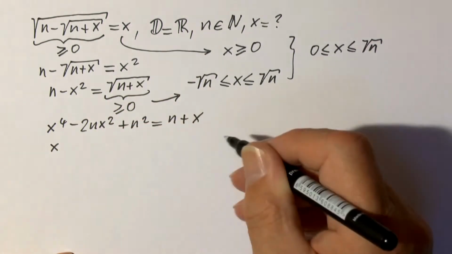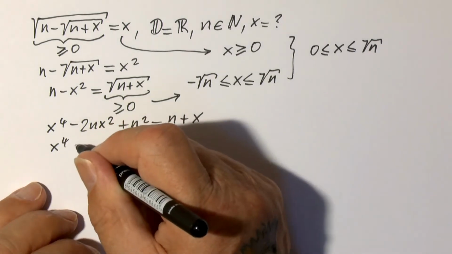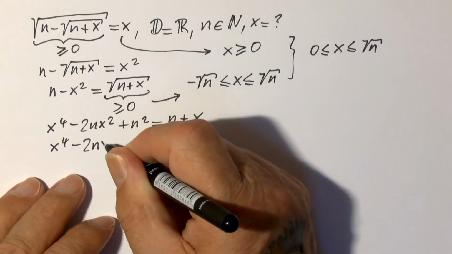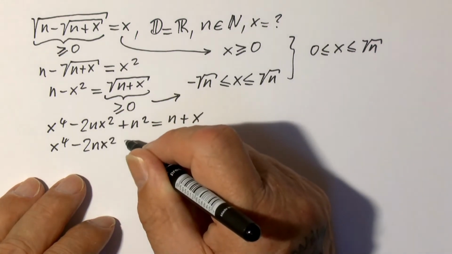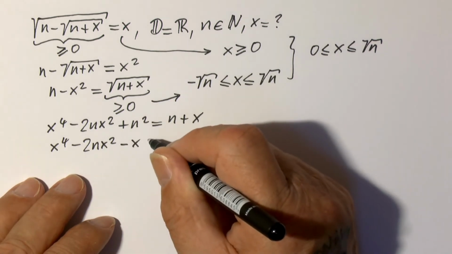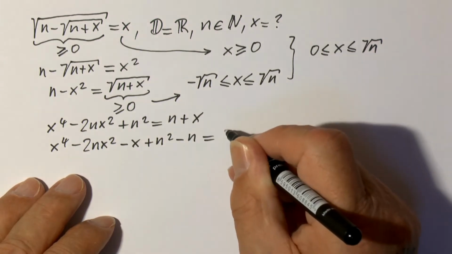We put all terms on one side. This gives us x to the fourth power minus 2nx squared minus x plus n squared minus n equals 0.